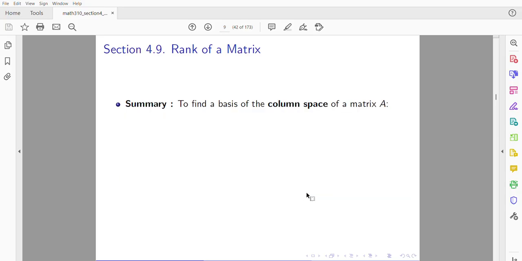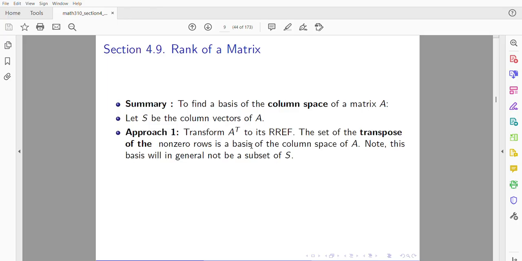Column space: consider the column vectors of A. One approach: transform A transpose to reduced row echelon form. Why do I do this? You see, I'm looking at columns of A, so rather than using elementary column operations, if you take its transpose and use row operations, it comes to the same thing.